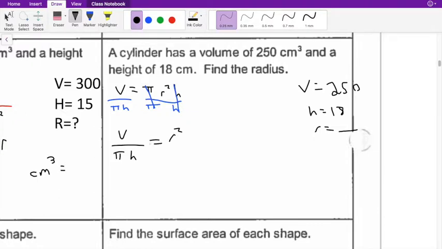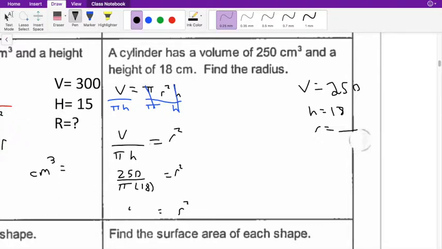So let's plug in what we know. We know that's 250. We know this is pi times 18 equals r squared.